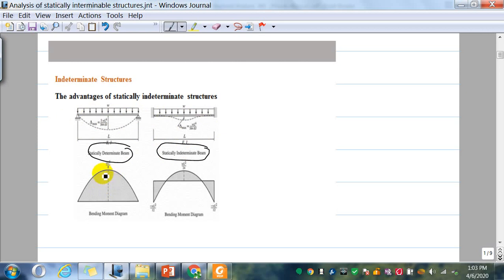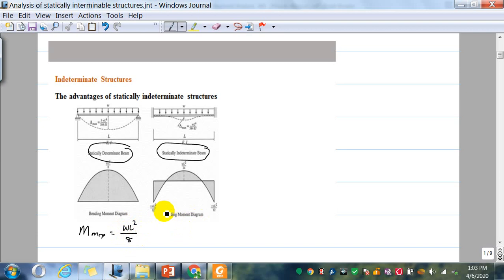In such a case, you can plot the bending moment diagram. When you plot the bending moment diagram, the maximum bending moment is M max equal to WL squared over 8.